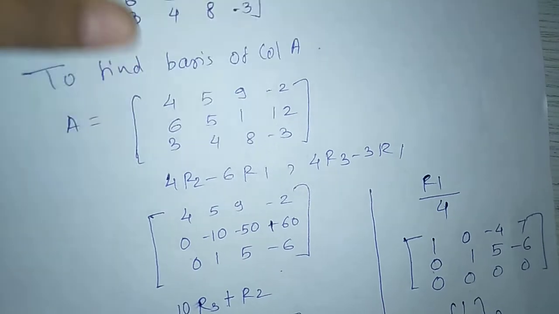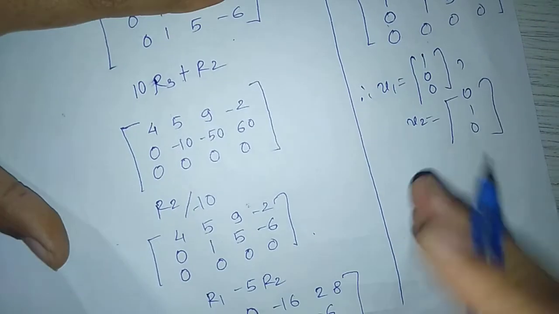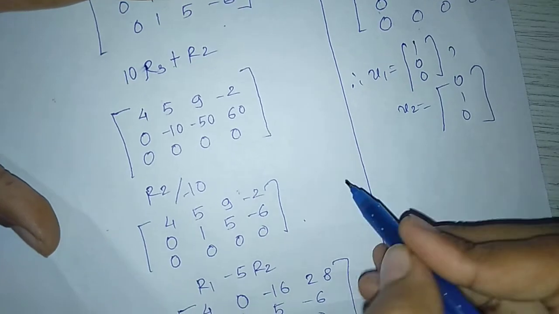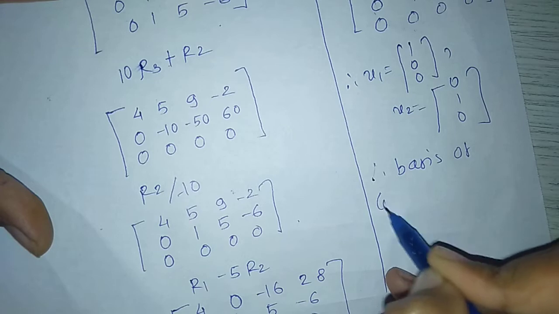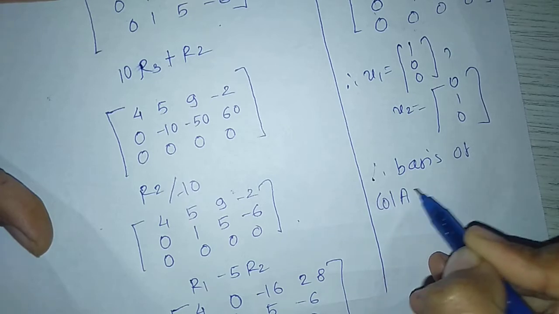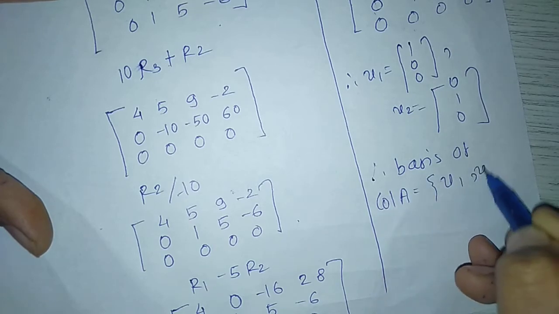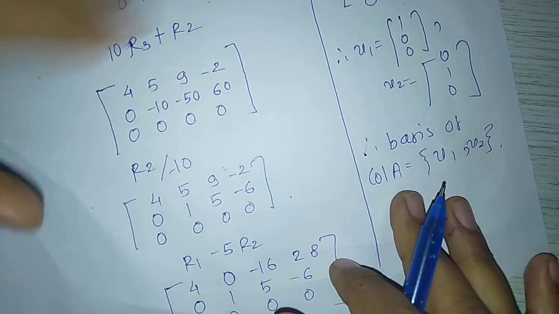Therefore, basis of column space of A is the set {v1, v2}.